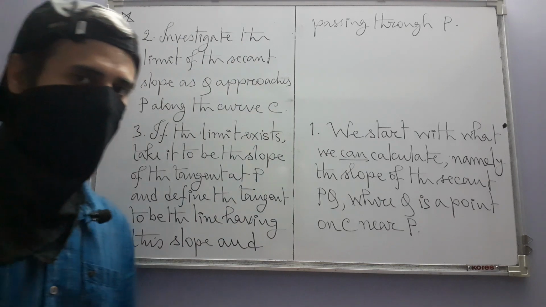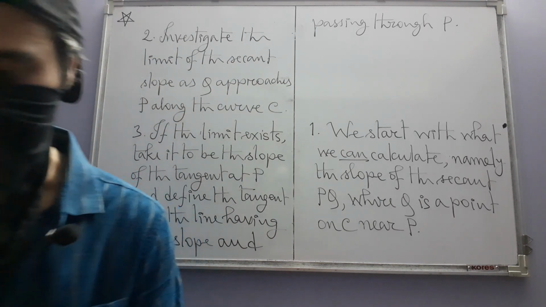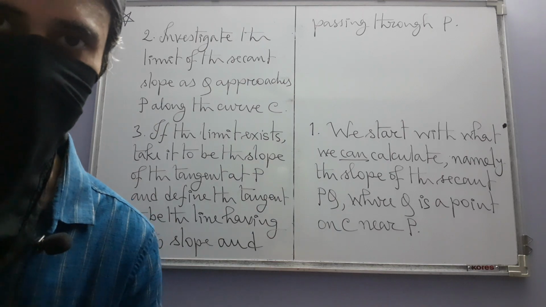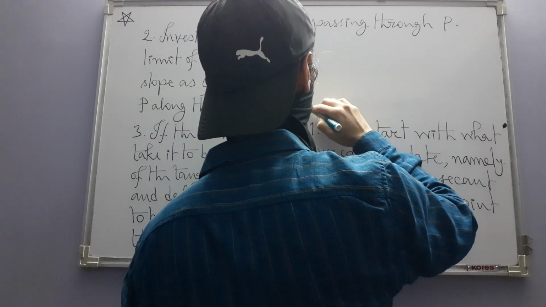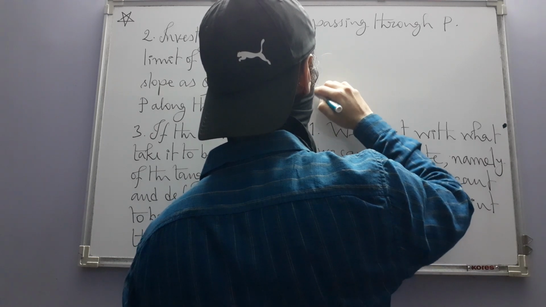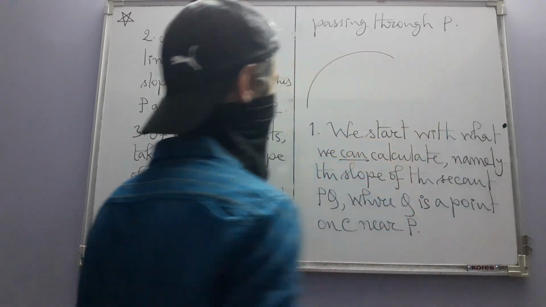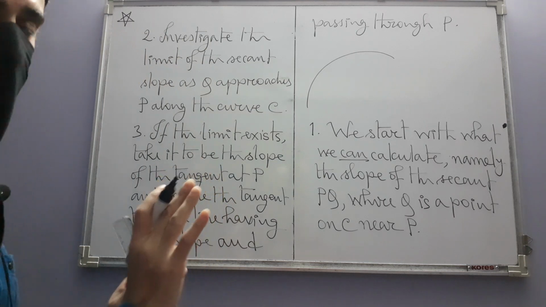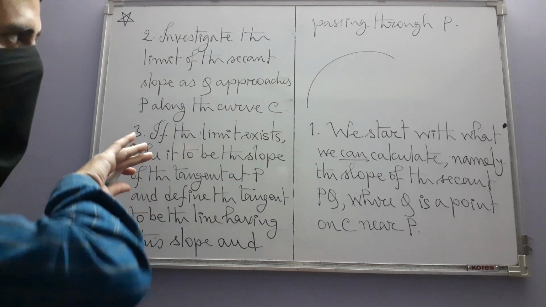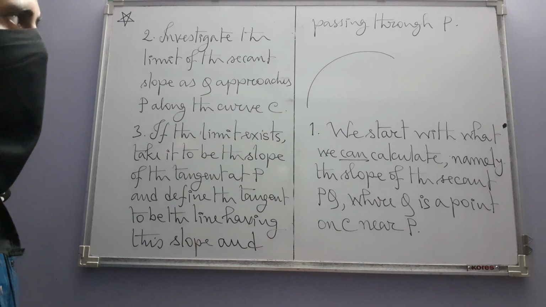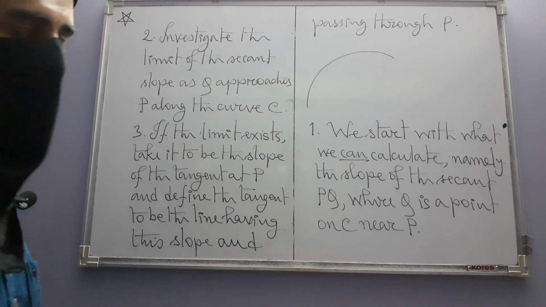Now geometrically, if we just simply try to understand the process, say we take a curve like this. It's not a part of a circle, although it looks like that, but I am taking it sufficiently curved just to make something clear.